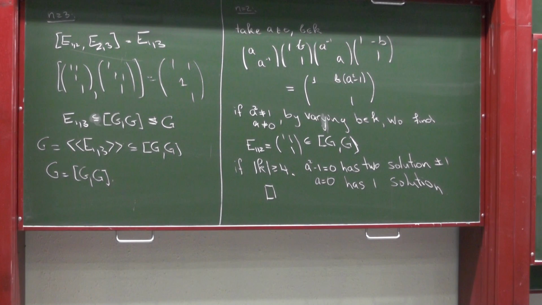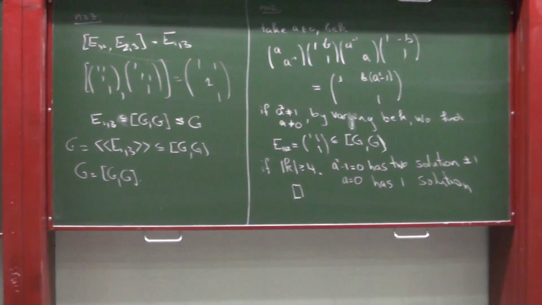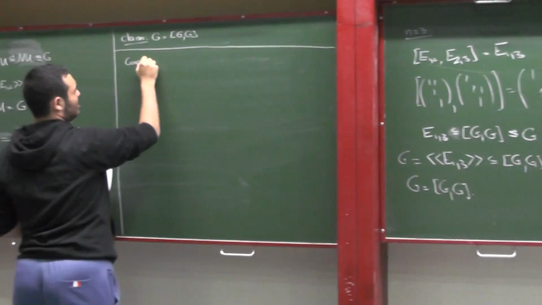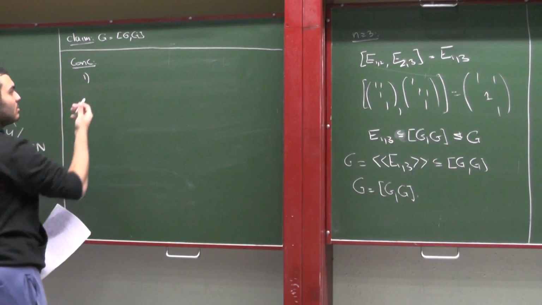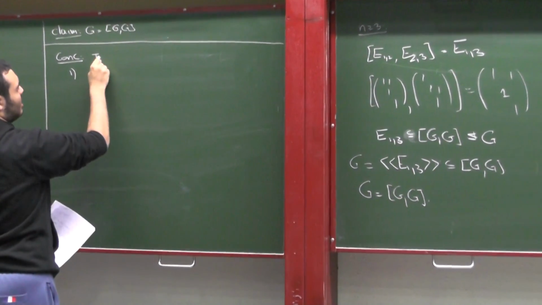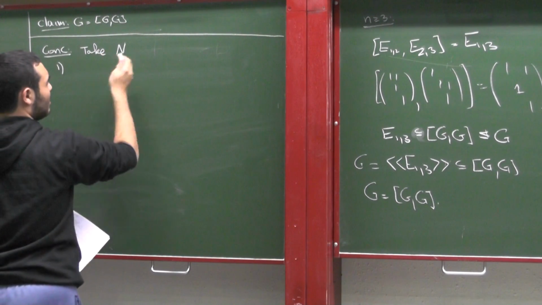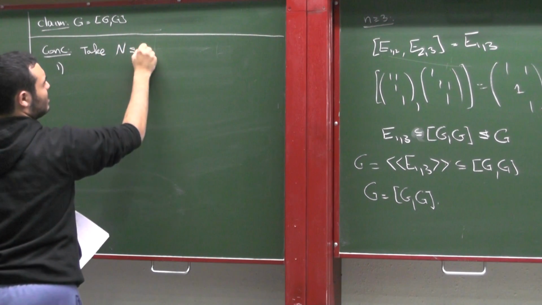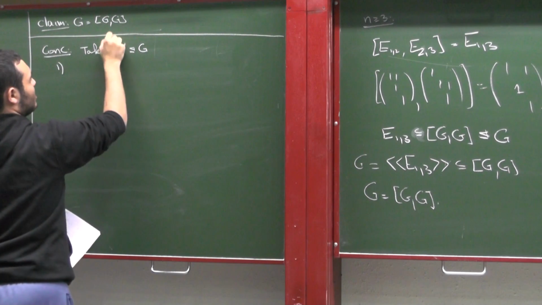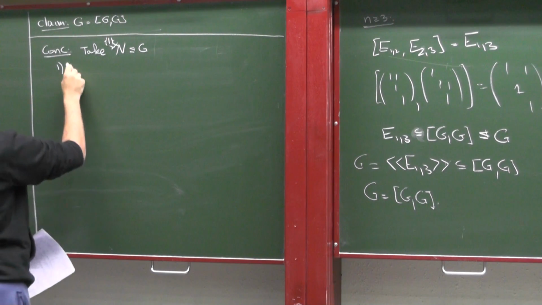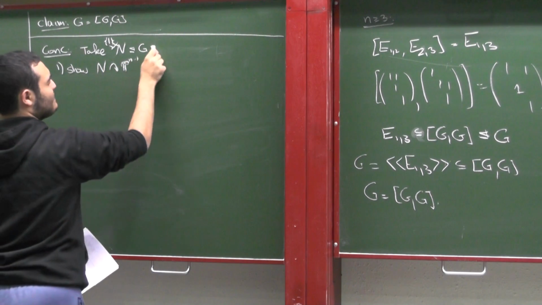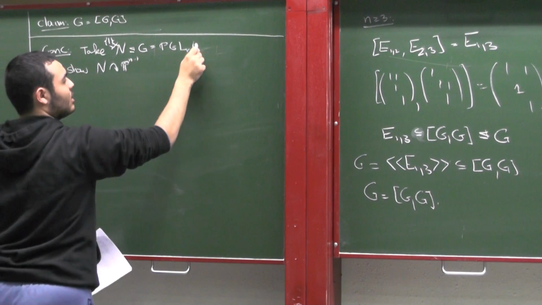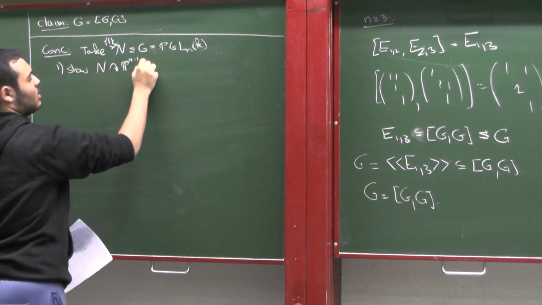So, maybe a conclusion, and then some other stuff, time permitting. The main idea of the theorem, the main scheme of things: take any normal subgroup N of G that is not trivial, then show N acts transitively.